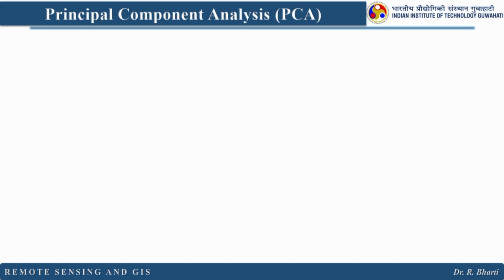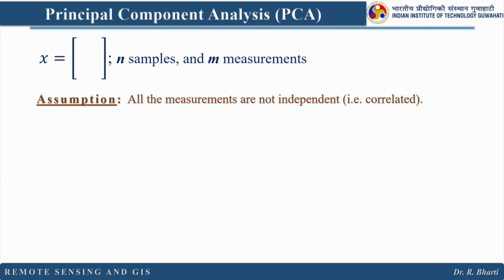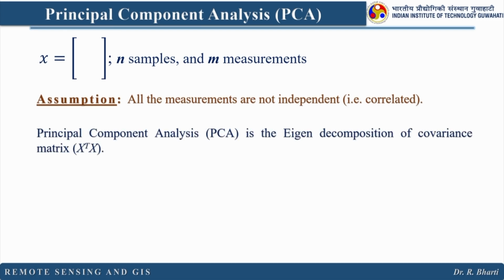So again let us go back and start with matrix X, where you have n samples and m measurements, right, and here we assume all the measurements are not independent. That means we assume that images captured in different wavelengths have some kind of correlation, and that we want to remove, right. So principal component analysis is the eigen decomposition of the covariance matrix, that is X transpose X, right.